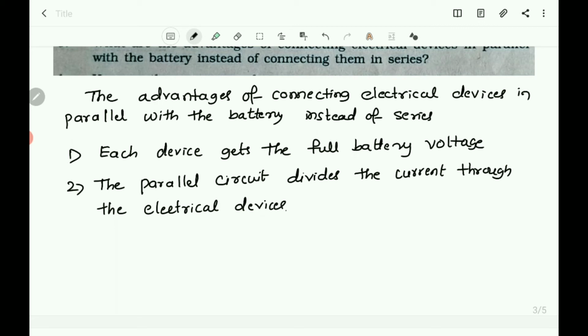Each device gets proper current depending on its resistance.